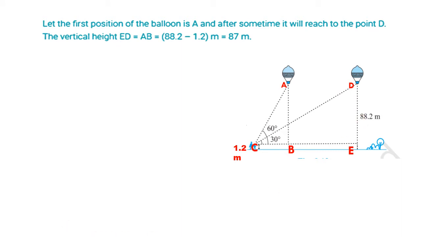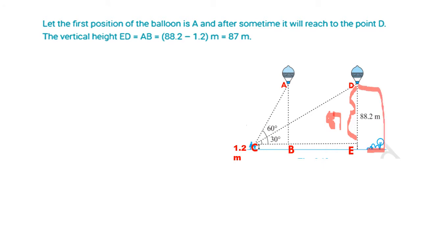That is, BE is equal to 87 meters. From here to here, it is 87 meters. And this 88.2 is from here up to the ground.